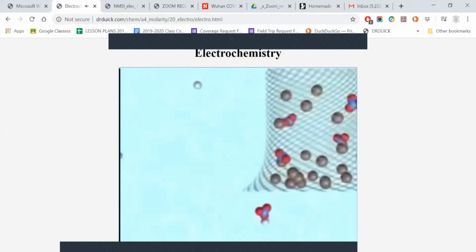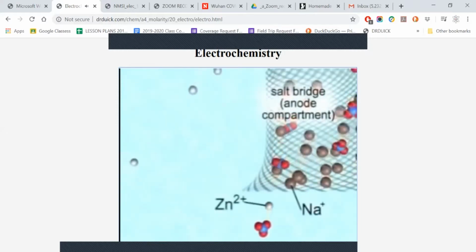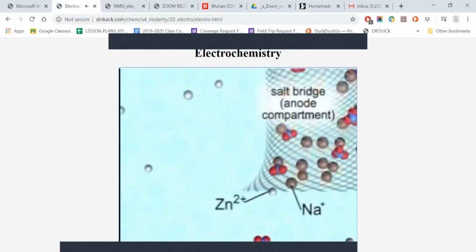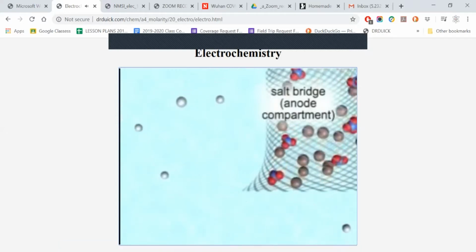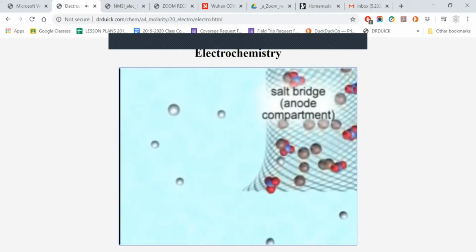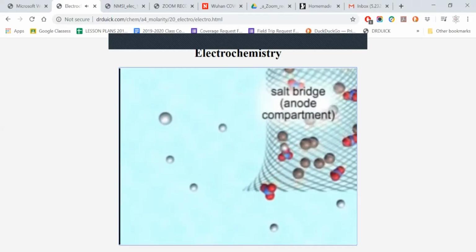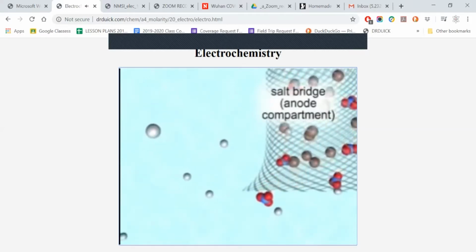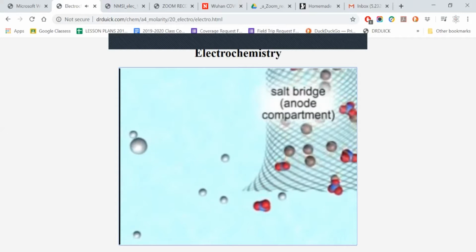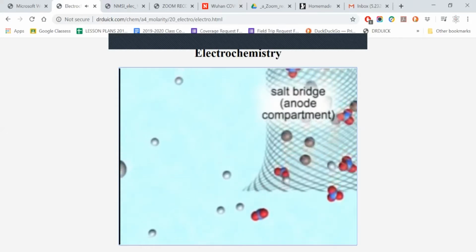The non-reactive sodium and nitrate ions of the salt bridge prevent the buildup of charge that would occur as zinc ions enter the anode solution and copper 2 ions leave the cathode solution. Such a charge buildup would halt cell operation.